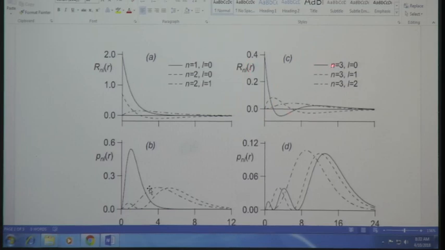For n equals 3, l equals 0, there are two nodes, because 3 minus 0 minus 1 is 2. Look at this solid line. One node, second node. This is because the polynomial part of the wave function has two roots. It has two zeros. So by looking at the radial wave function and the polynomial part, you can see that this wave function has certain nodes. Please pay attention. There are a certain number of nodes, just like a standing wave.